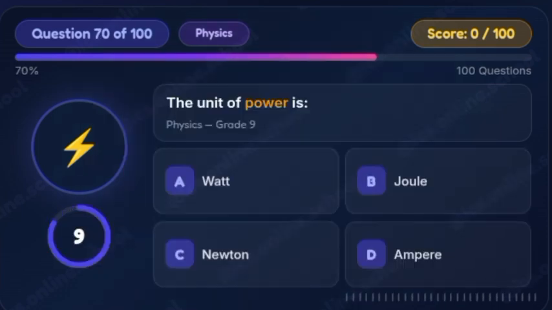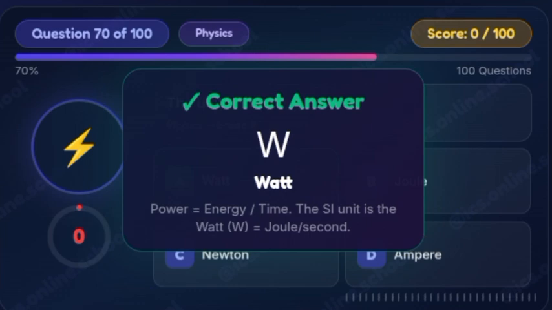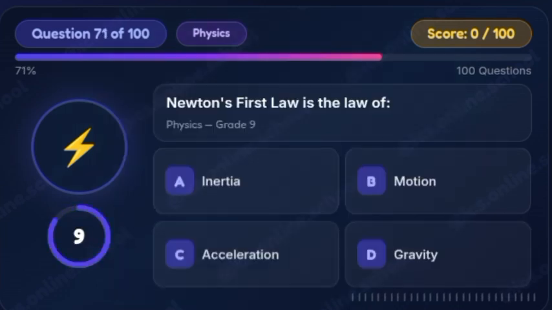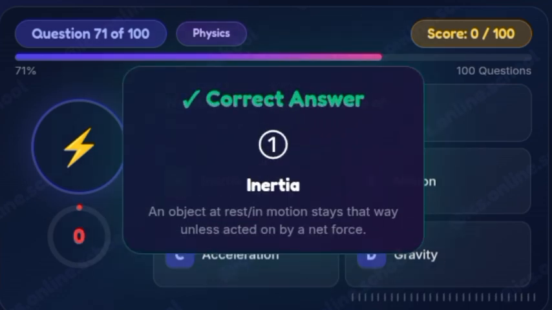The SI unit of power is watts. Newton's first law is called the law of inertia.